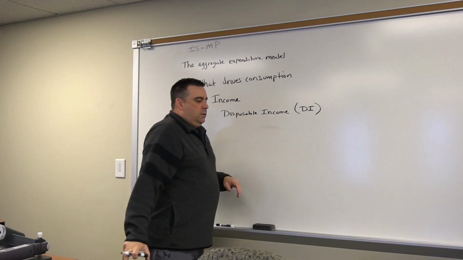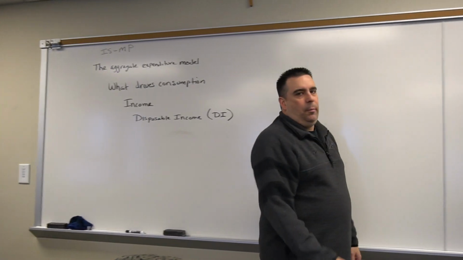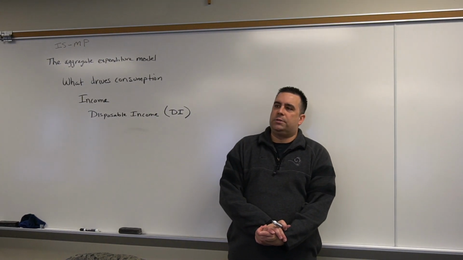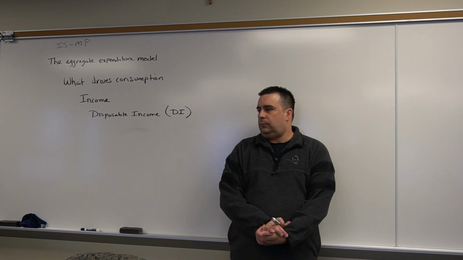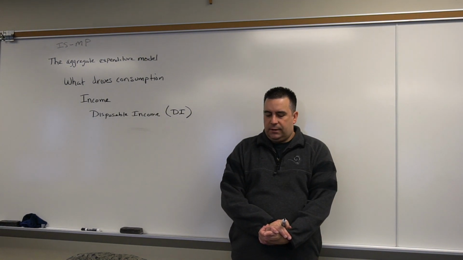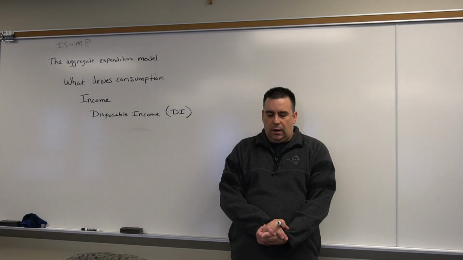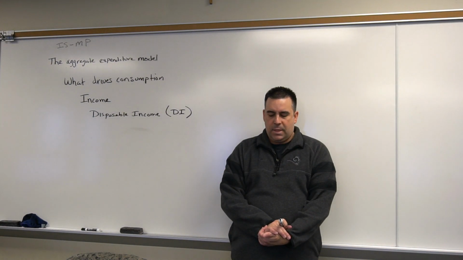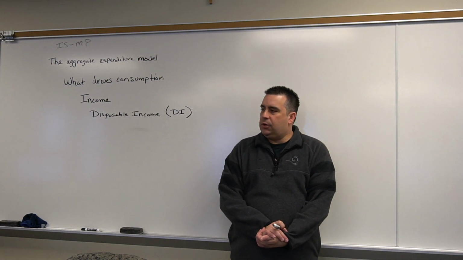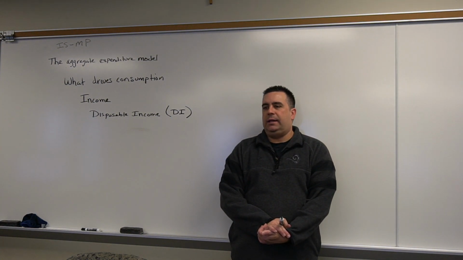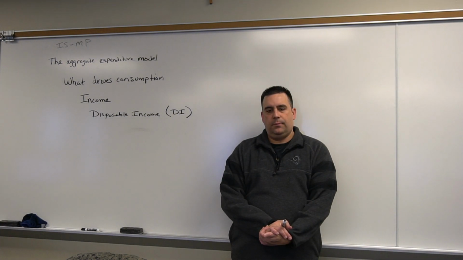Okay, so a quick definition, and from the definition we'll make a math equation. Disposable income is what is left of income after paying out taxes and receiving any transfer payments.